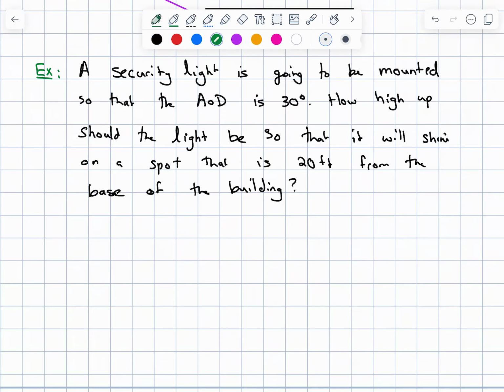I deliberately choose to do these problems because they're very tricky. They are deceiving for one specific reason. So, draw a picture. You'll see what I mean in just a moment.